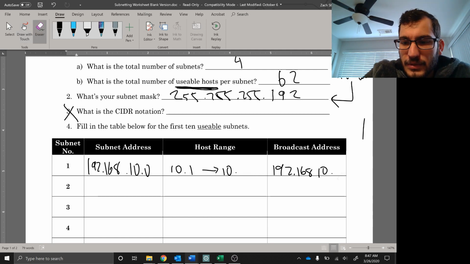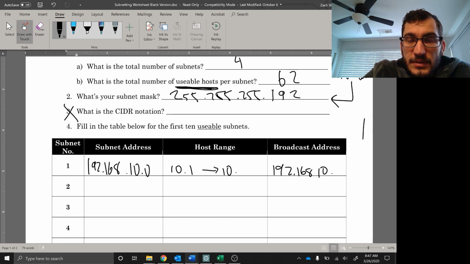Okay, hang on, I screwed something up. So if it's 4 subnets, 64. So this is 63, and this is 62.